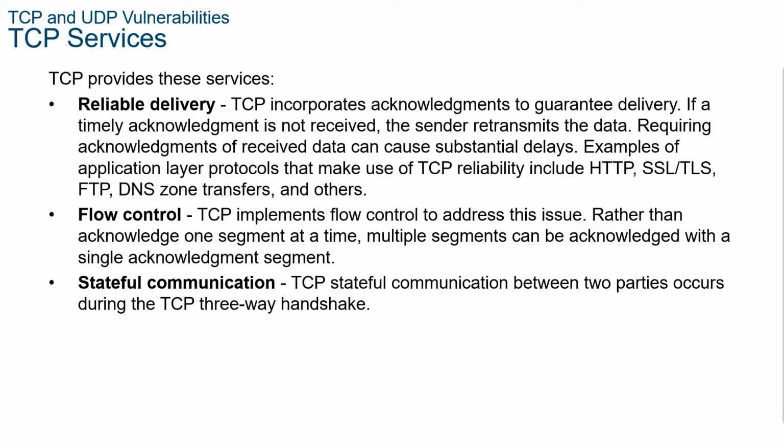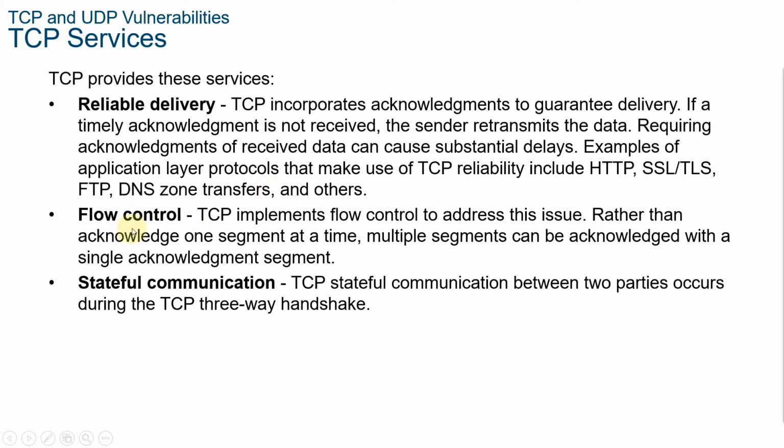Requiring acknowledgement of received data can cause substantial delays. Examples of application layer protocols that make use of the reliability of TCP include HTTP, SSL or TLS, FTP, DNS zone transfers, and others.